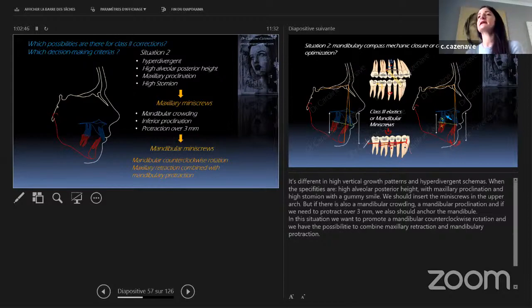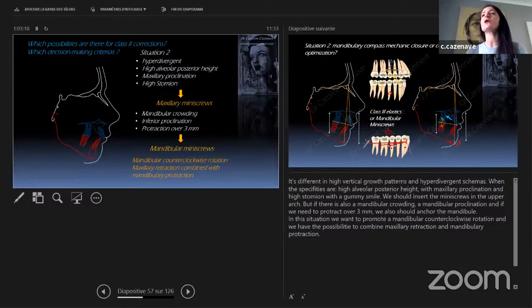It's different in high vertical growth patterns and hypodivergent patterns. When the specificities are high alveolar posterior height with maxillary proconation and high stomion with a gummy smile, you should insert the miniscrews in the upper arch.